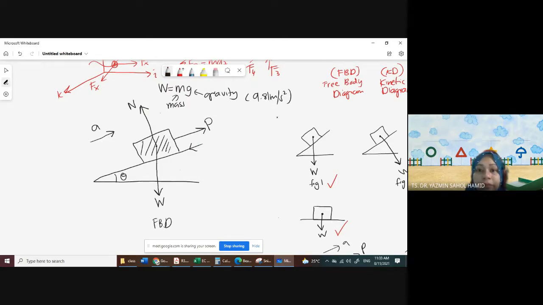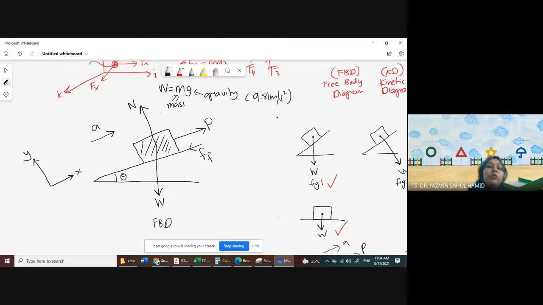Now, since we need to resolve it according to the XY coordinate system, the XY coordinate system must be in the direction of the plane of the force. So the direction of XY will be like this. That means we have another block.